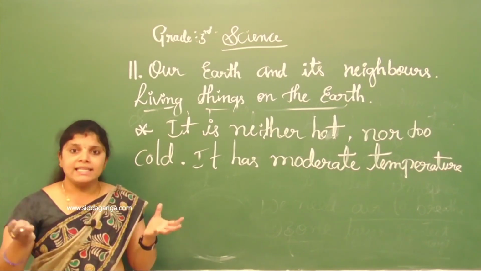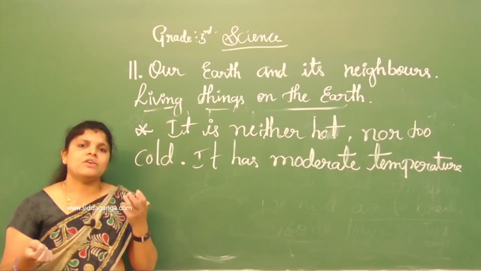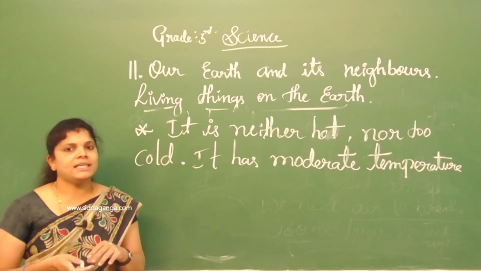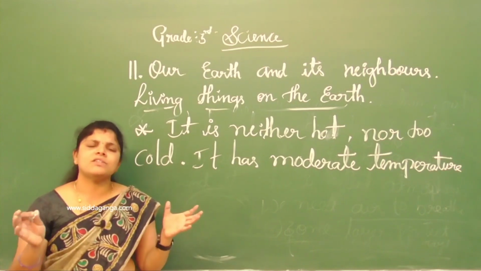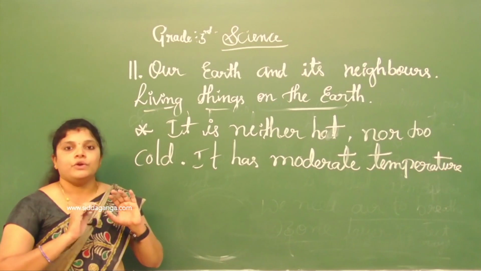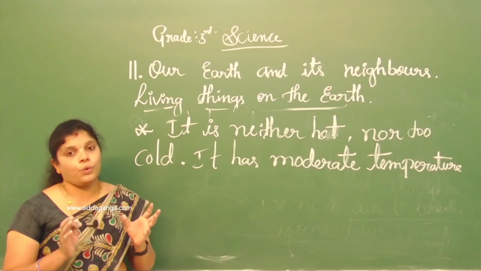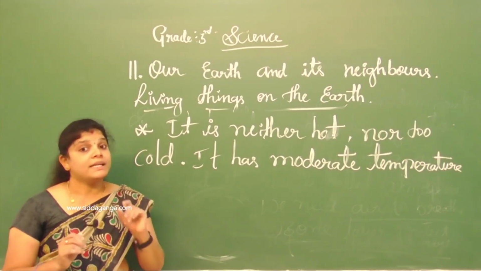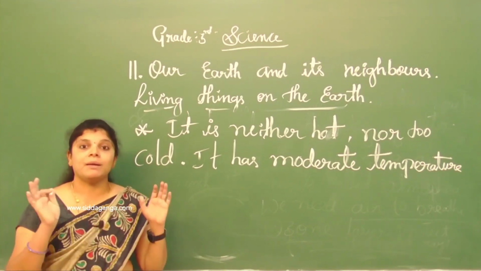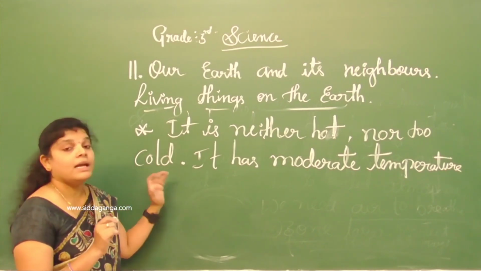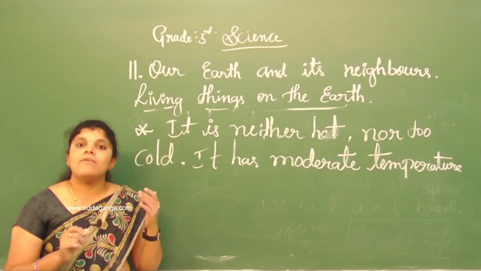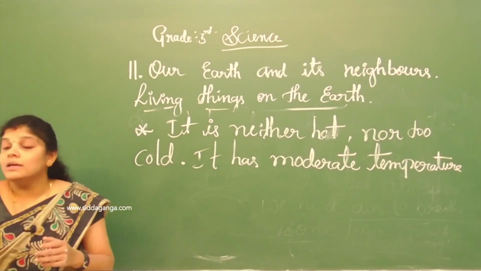Because there are ice caps. Okay, see, some places are too hot, for example desert areas. In desert areas only it is too hot, but in other places almost all places have moderate temperature. So moderate temperature means not too hot, not too cold, means a normal temperature for living things to survive. So the environment we need to survive is in our earth. So that's why, for all these reasons, life exists only on the earth.